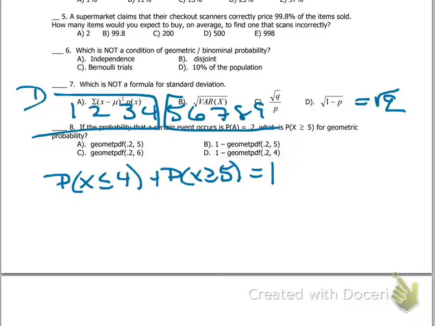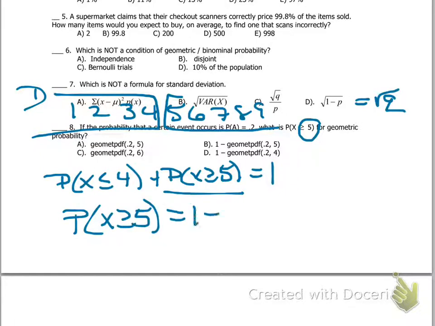Okay, and why am I choosing 5? Because of this right here. All right, so this is what they want us to solve for. So I'm going to subtract the probability that x is less than or equal to 4. This is called algebra. So the probability that x is greater than or equal to 5 is equal to 1 minus the probability that x is less than or equal to 4.